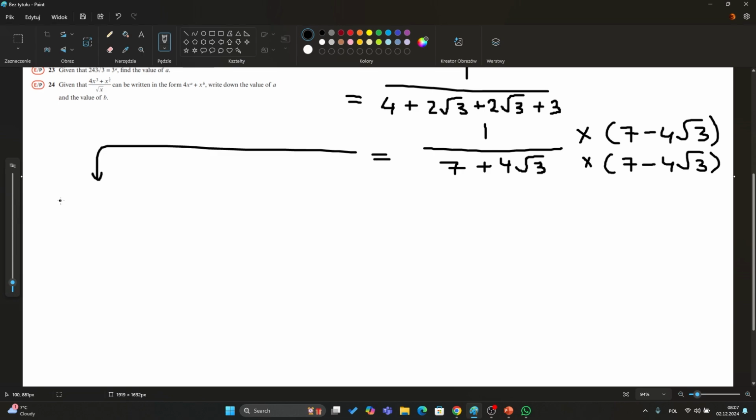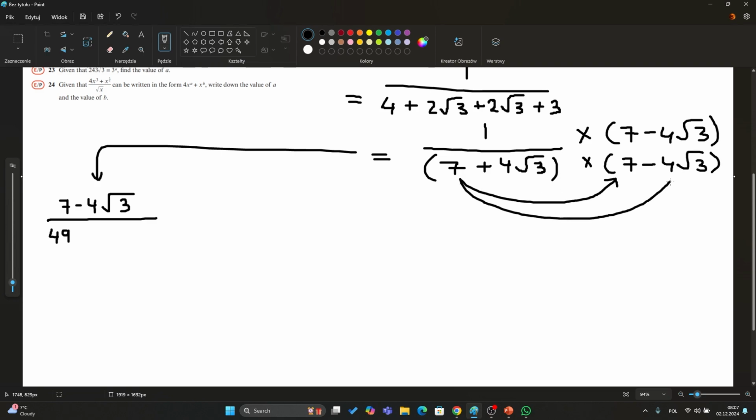this gives us 7 minus 4 root 3, and the bottom is 49. So 7 times 7 is 49, 7 times minus 4 root 3 and 7 times 4 root 3 cancel, and 4 root 3 times 4 root 3 is going to be 16 times 3, which is 48, so negative 48.